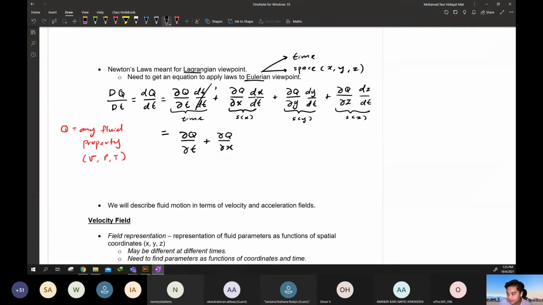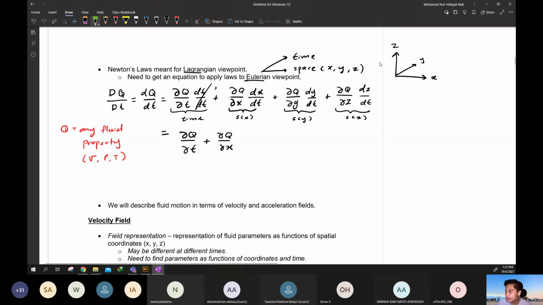Right, for this case, you can see dx over dt. Okay, this is your axis. This is x, this is z, and this is y. When you have the change of motion in terms of x divided by time, you will get the velocity in x direction.